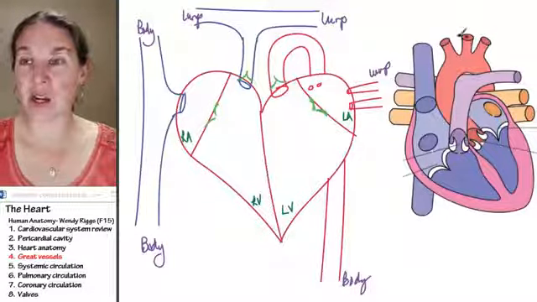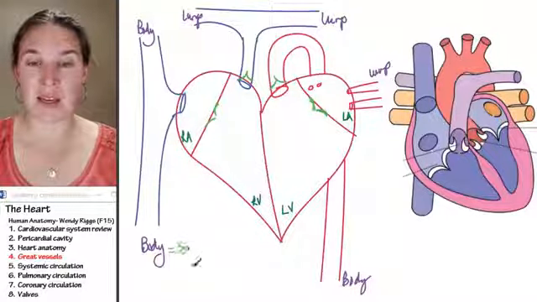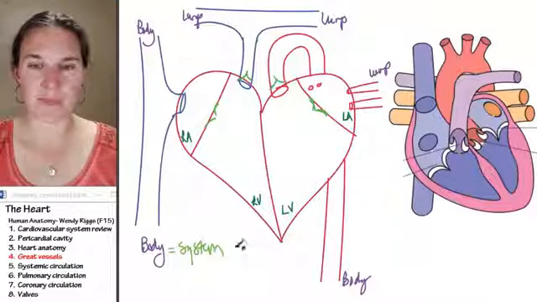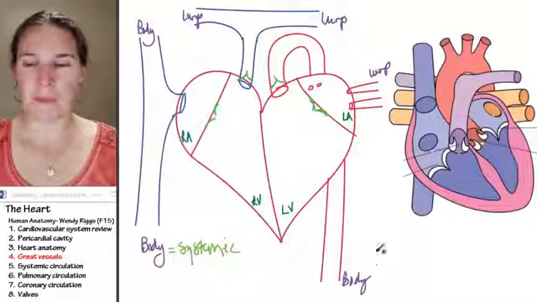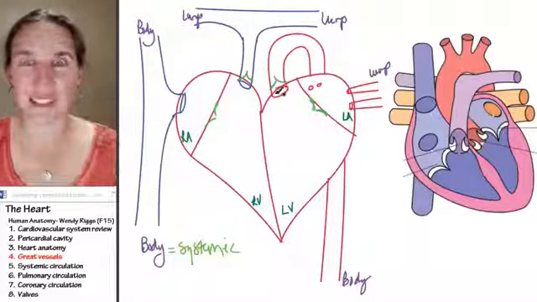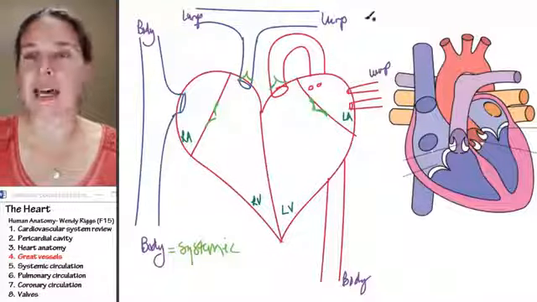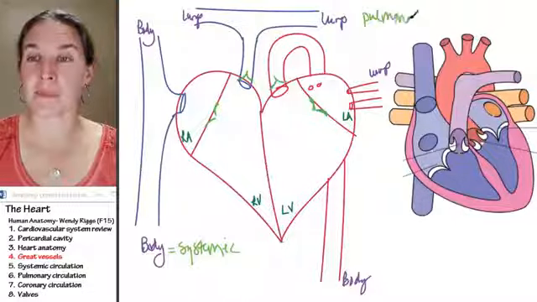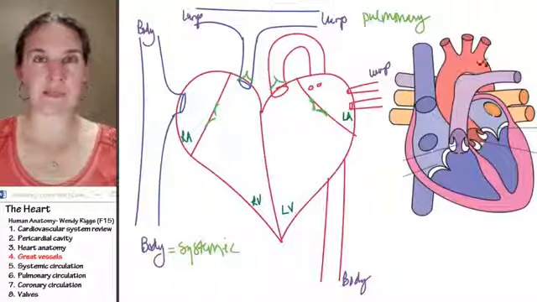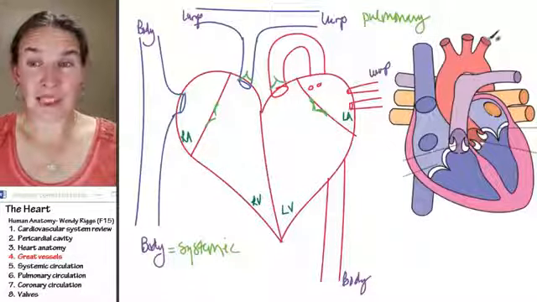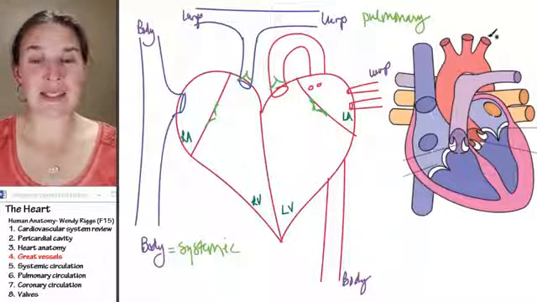That's part of the systemic circulatory system. Systemic. And if it's associated with the lungs, if the great vessel is going to or from the lungs, that's part of the pulmonary system. And really, your heart really does have two pieces.